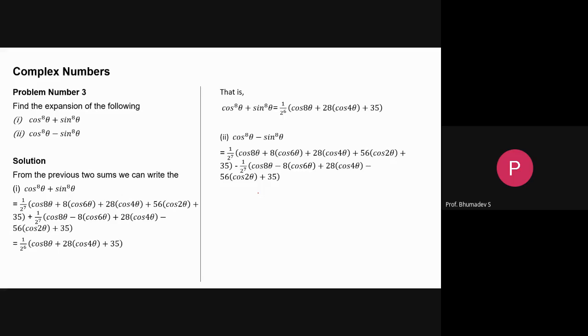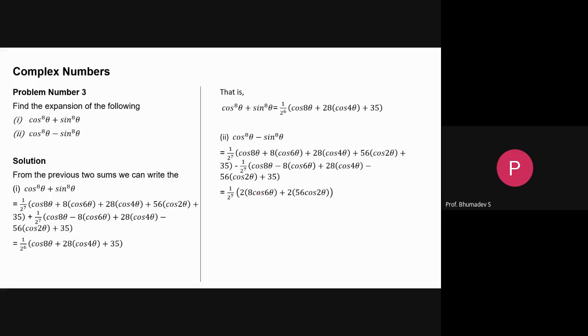Then just subtract it. When we are subtracting it here, the cos 8 theta terms will get cancelled. Cos 4 theta term and the constant term will be getting cancelled because we are subtracting it. Only cos 6 theta term and cos 2 theta will be there in the final answer.